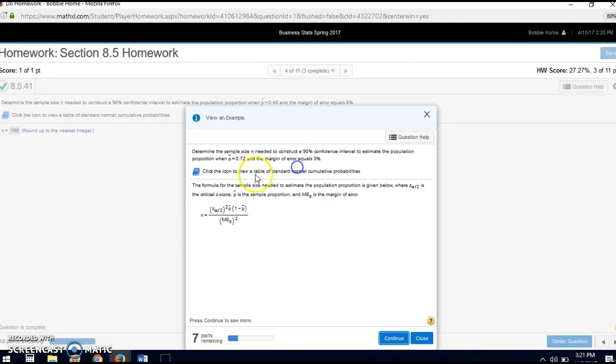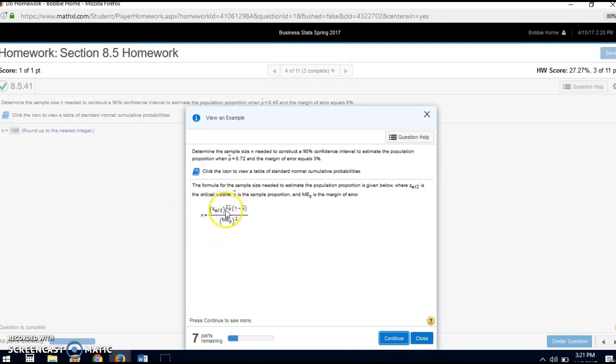So here, same thing we've been doing. Z value with our confidence interval is 1.645. Then you have P, okay, that's given to us. So plug in 0.45 where P is, and then 1 minus 0.45 here. So where you see a P, you're going to plug in 0.45.